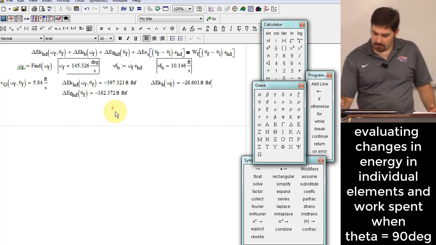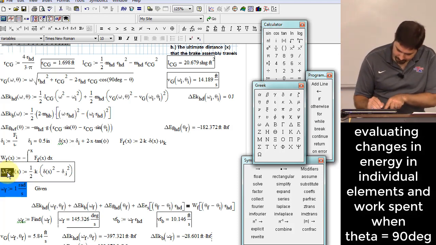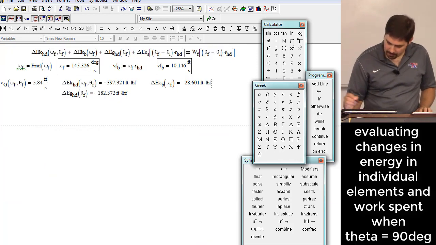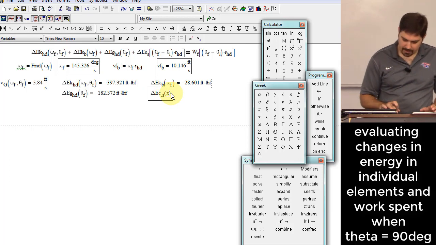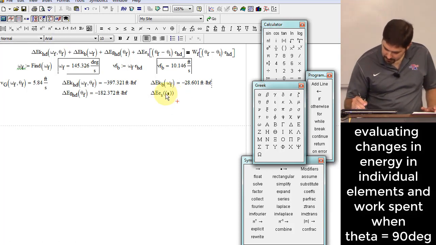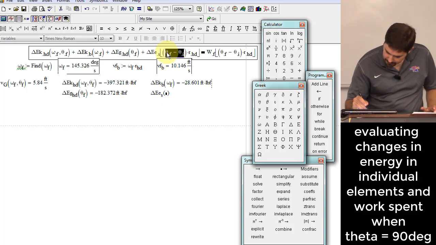Okay. Another one that's interesting is the spring, right? Okay, so for that one, instead of putting x here, we put in that same, I'll tell you what, I'll just copy it from above. I put in this guy.